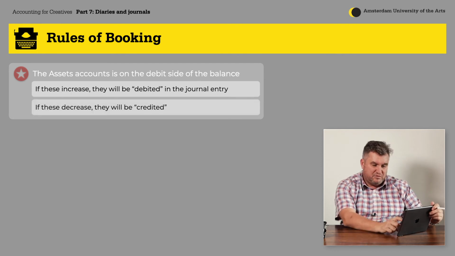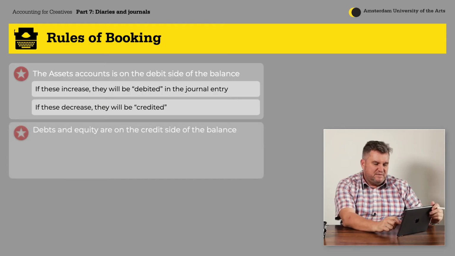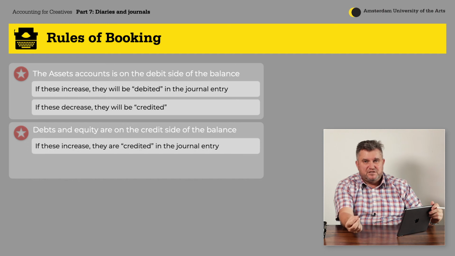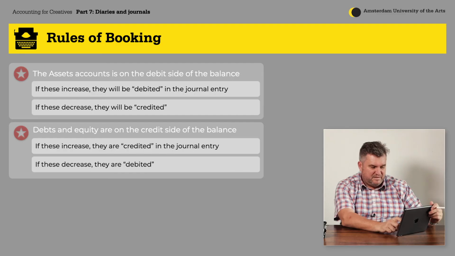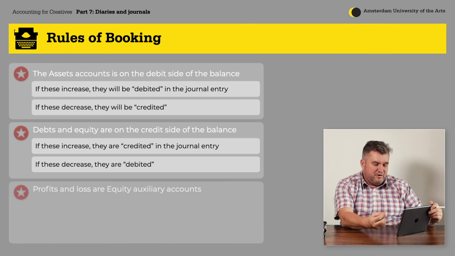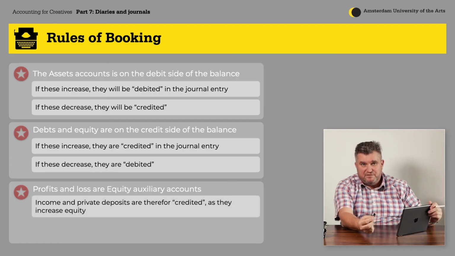If we look at debts and equity, they are on the credit side of the balance. So if they increase, we put it on the same side, so on the credit side. And if it decreases, we put it on the different side, meaning the debit side in this case. And finally, the profit and loss entries follow the equity balance post, because it's an auxiliary account for that.